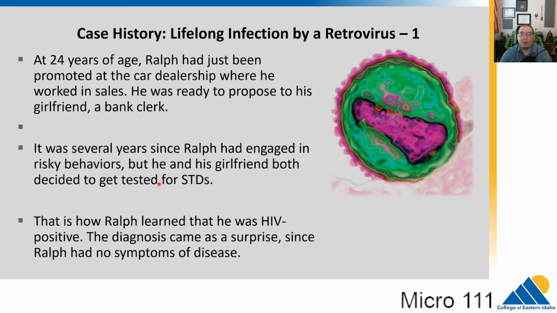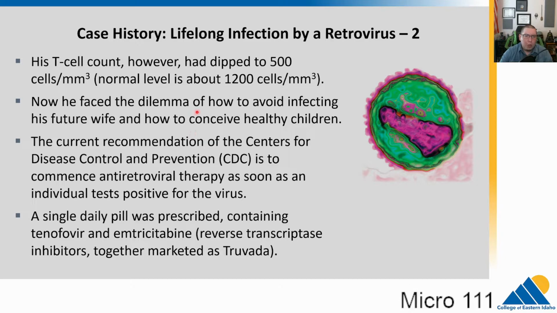so this surprises him. We will learn what HIV does to the immune system, but the short answer is it infects T cells, which are critical to our immune system and fighting infections. So one of the things that we do when we discover that someone is HIV positive is we look at their T cell count.